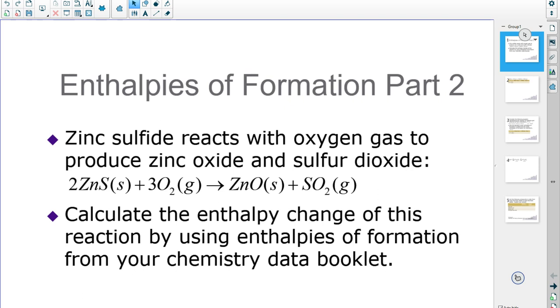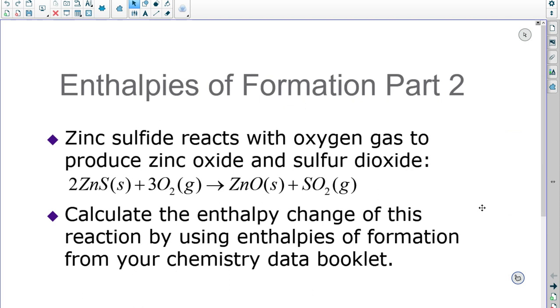We also ask you to do it with this method. And what they do to make sure you can't do it with this method and have to do it with the other one is give you things that aren't on the data table, like that carbon disulfide we just did yesterday. Okay.